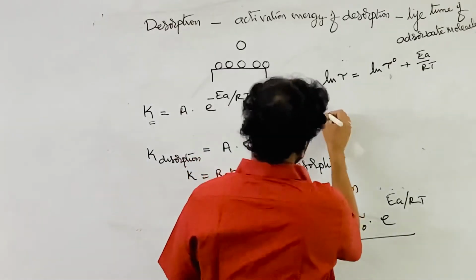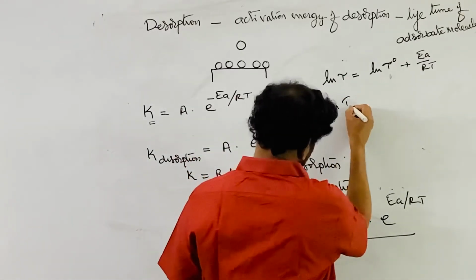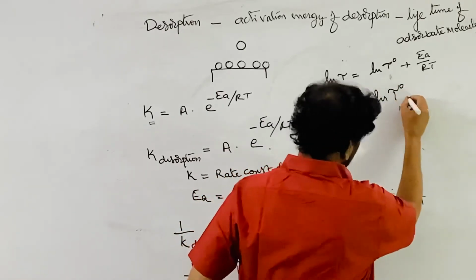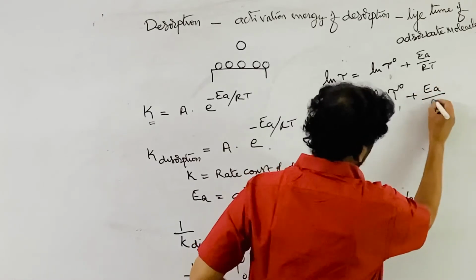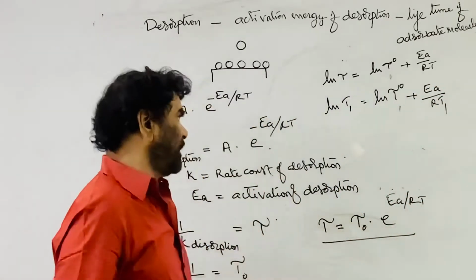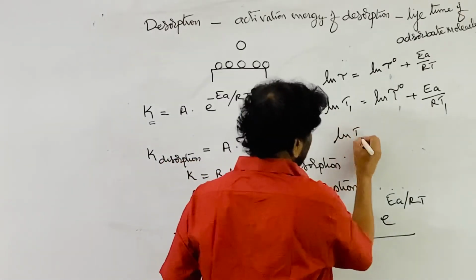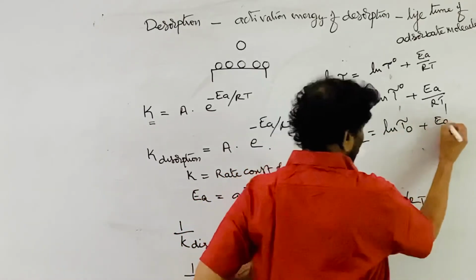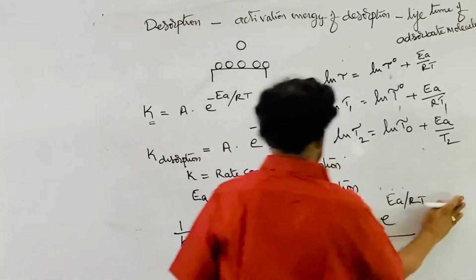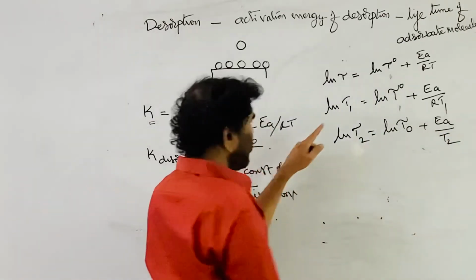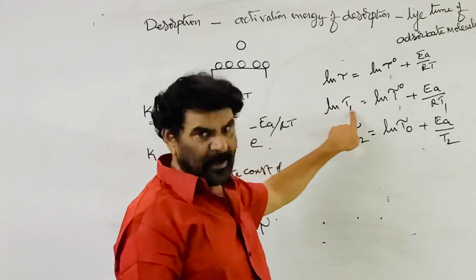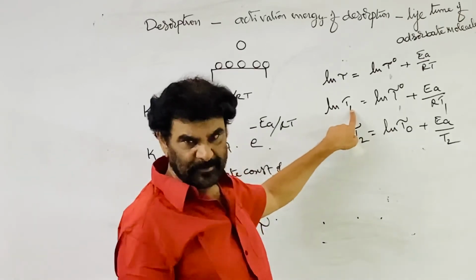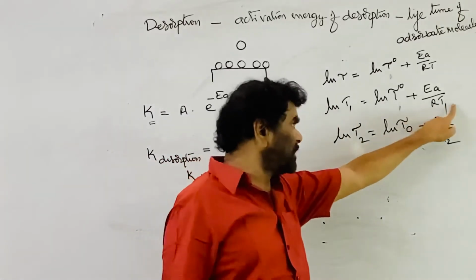Now write ln tau 1 is equal to ln tau naught plus EA by R T1, at temperature T1, and ln tau 2 is equal to ln tau naught plus EA by R T2. Tau 1 is the average life of the adsorbed molecule when the temperature is T1.